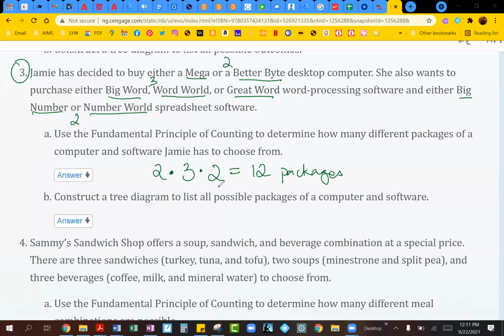So that's literally what you do with this fundamental principle of counting. You look at how many different options you have and you multiply them together. Now, as far as the tree diagram goes, we'll need to spend a little bit more time on that. So let's go ahead and move this over to our notebook here.